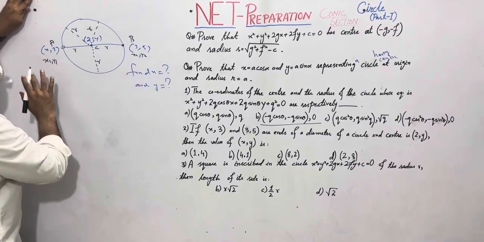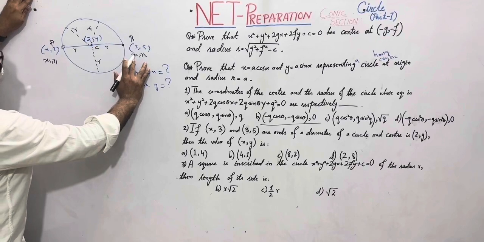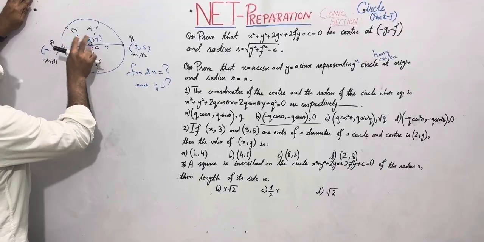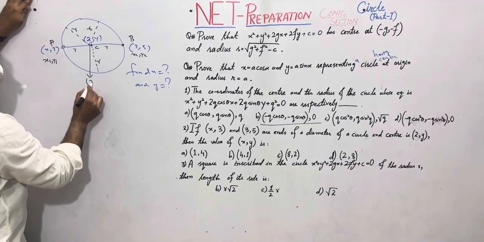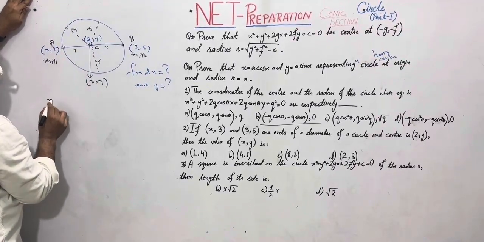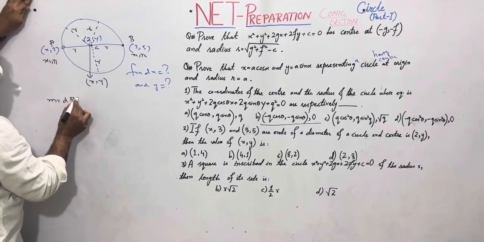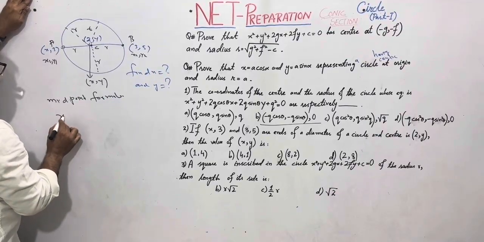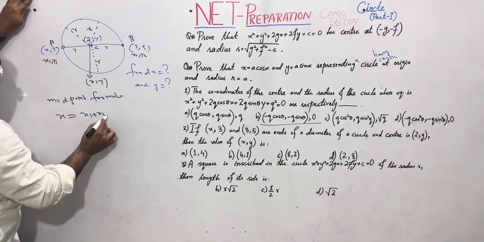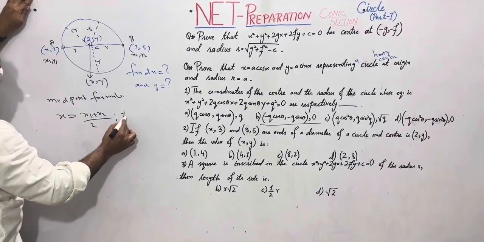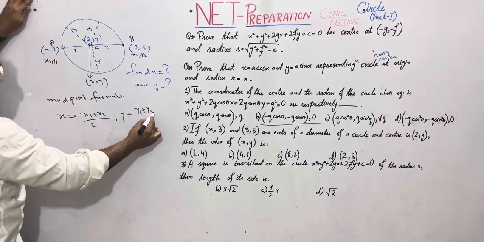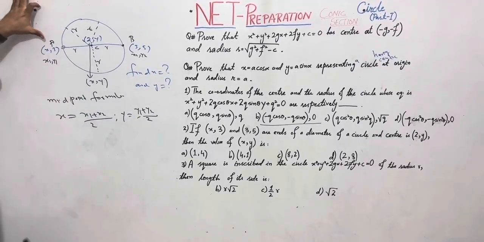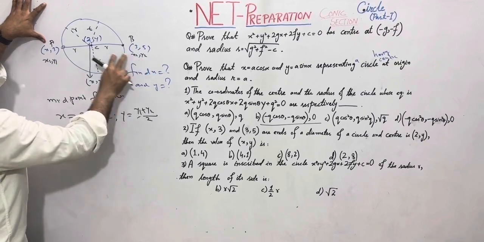It doesn't matter which is which. The midpoint is denoted by (x, y), and the midpoint formula states that x is the mean of x1 and x2, and similarly y is the mean of y1 and y2: x = (x1 + x2)/2, y = (y1 + y2)/2.